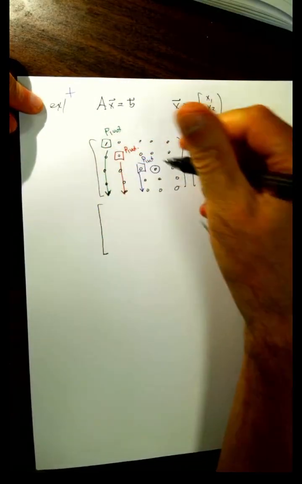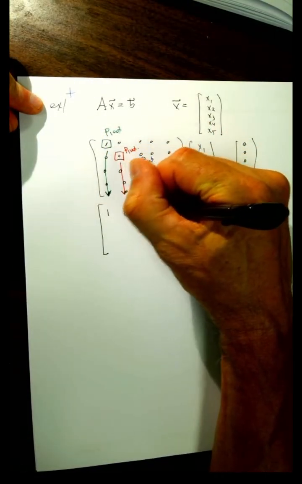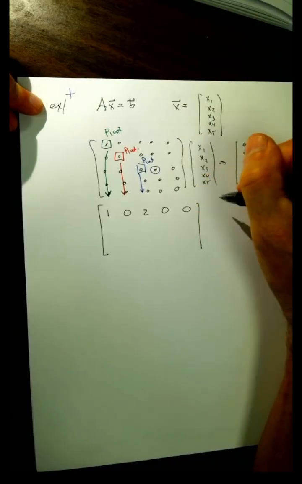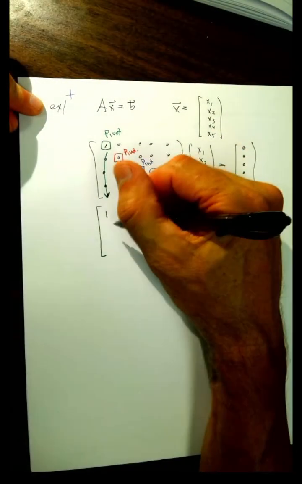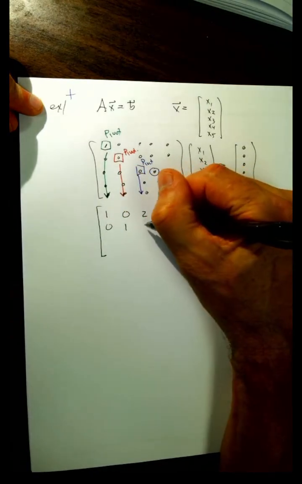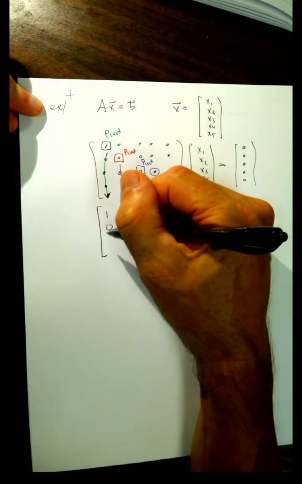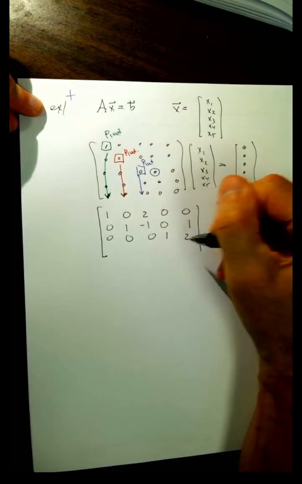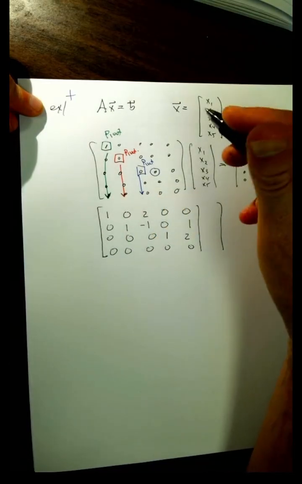Let's just pretend I go through and I do everything, and after I'm done, my system is in this form. This is for my augmented matrix. So I do all the operations like we discussed in the previous video. I can be careful.